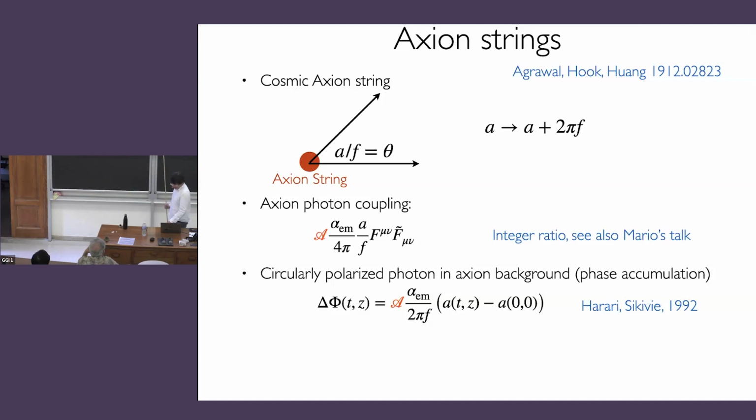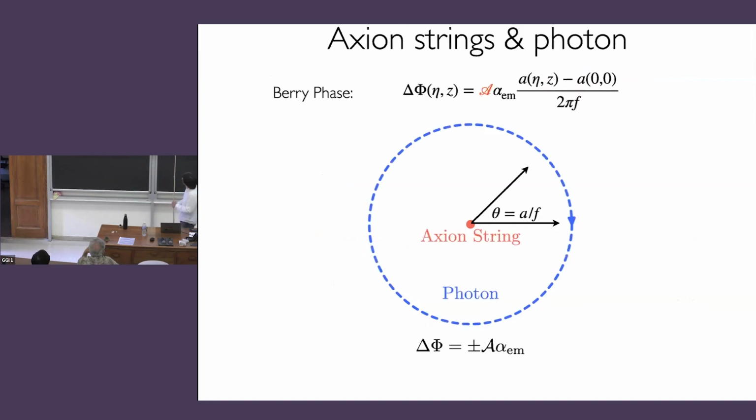Now let's see what happens to an axion string. To do that, I will walk you through three figures. In the first one, I have an axion string going through the board, and I'm sending a photon in a circle around the axion string. As the photon goes around the axion string, the axion field changes from 0 to 2π f, and as a result, this photon, which might be linearly polarized, will have a polarization direction which starts to rotate.